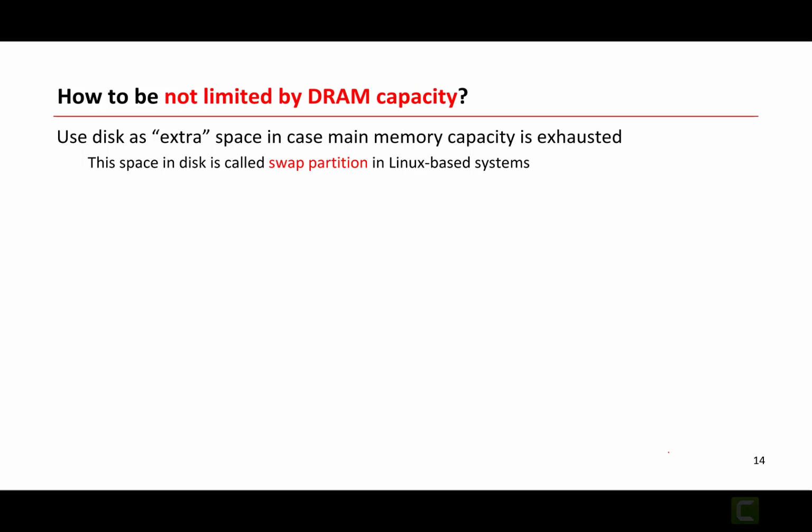And that is different from a special space that is allocated within a disk called the swap partition. The swap partition has only one role. Its role is to store the data that spills over from main memory and serve as a backup store.